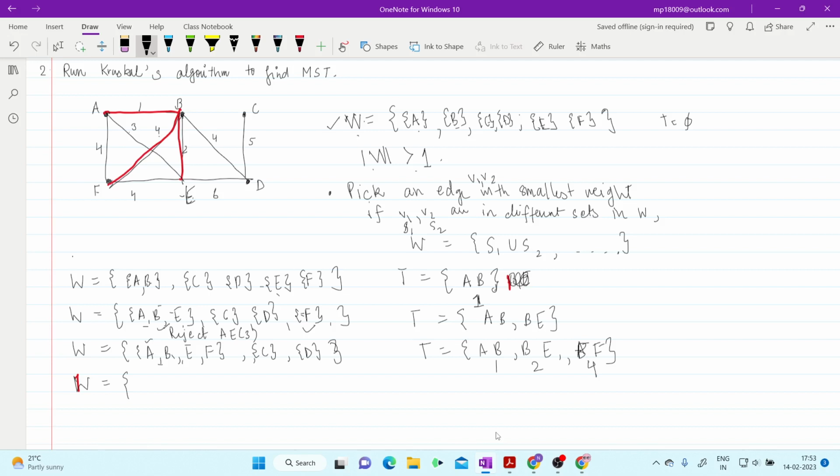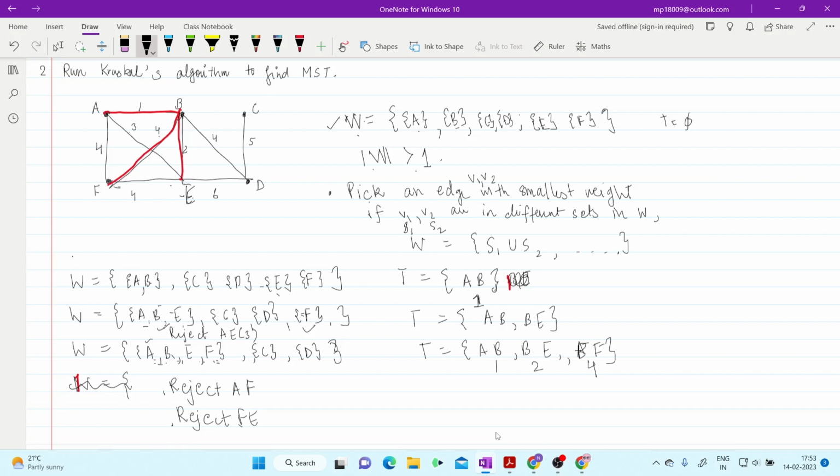Now we see that two more edges have weight 4, but we cannot choose either of these two edges. So we cannot choose AF, reject AF, and reject FE, because we see A and F are contained in the same set and FE is also contained in the same set. So we reject both these edges.